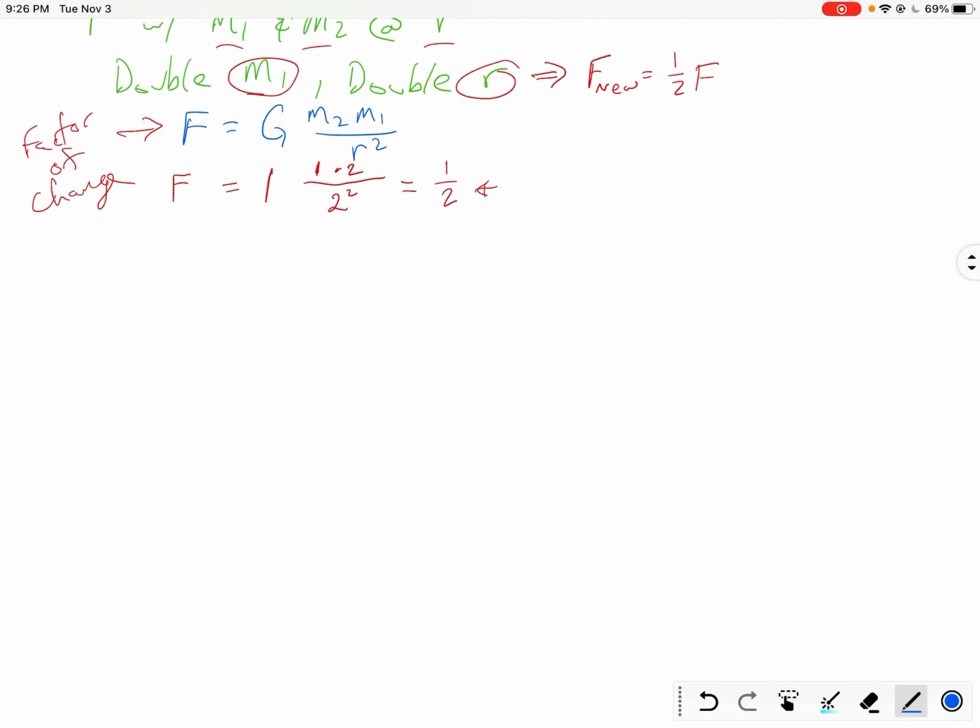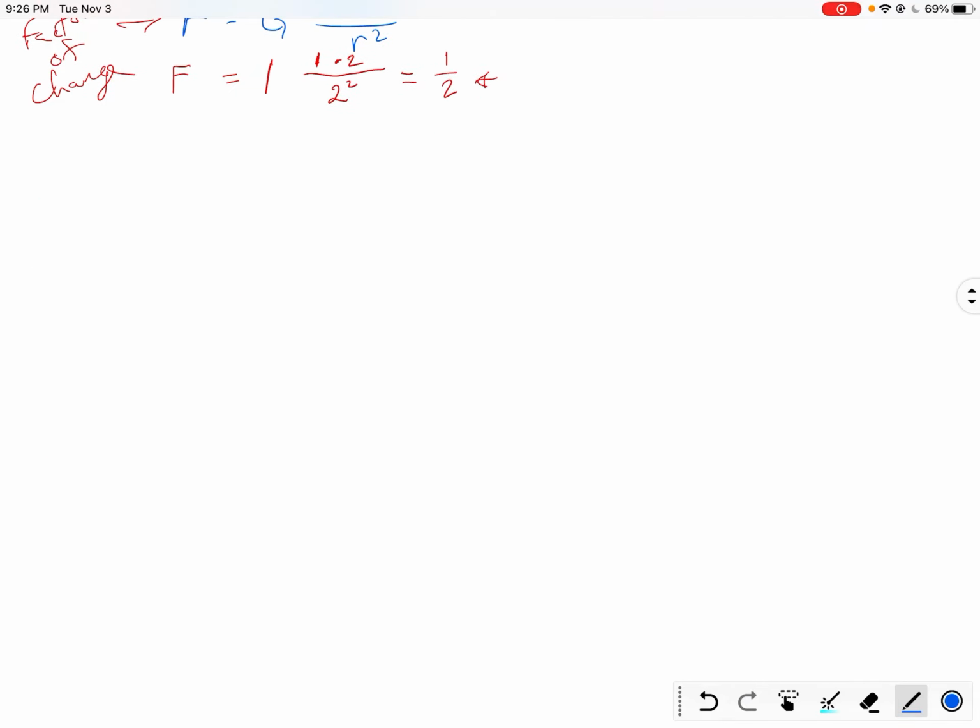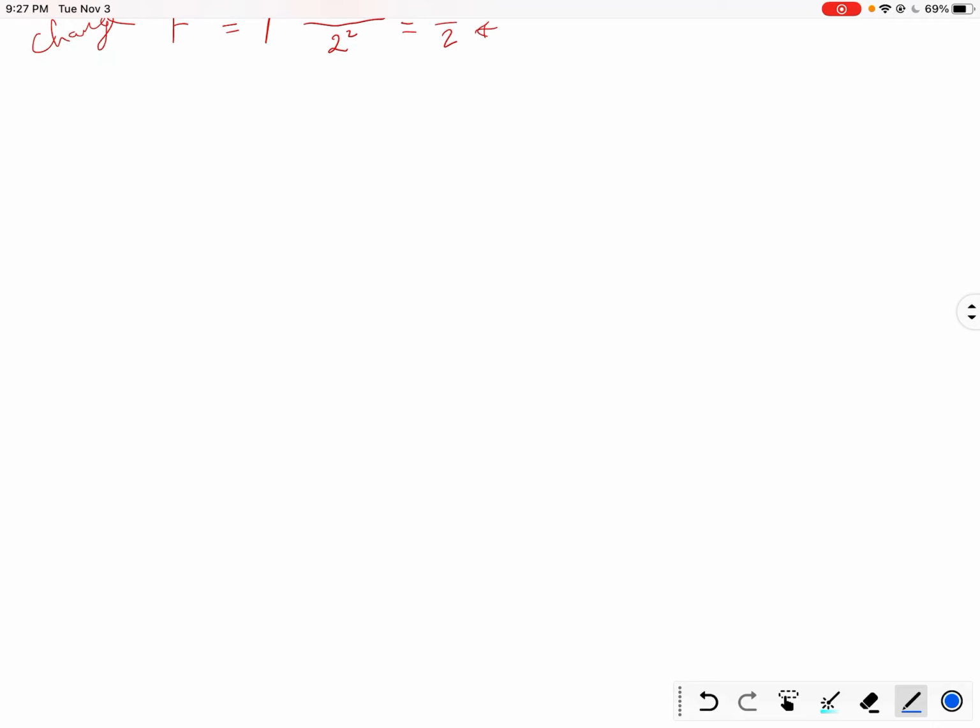Okay, so now let's go ahead and apply this to a planet that's circling the sun. So if we look at a sun with a planet that's circling around it in circular motion, that's moving at a velocity v at some radius away.